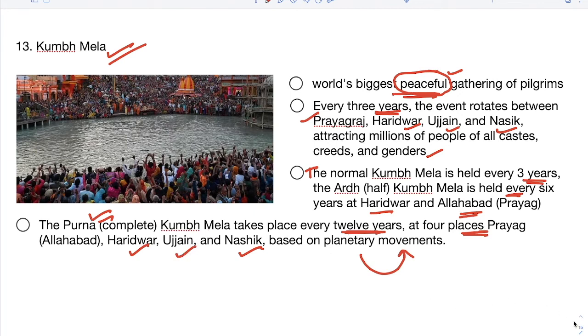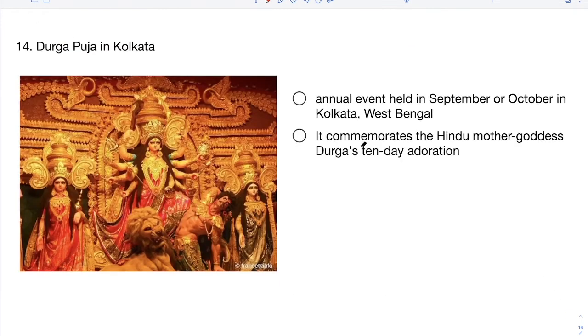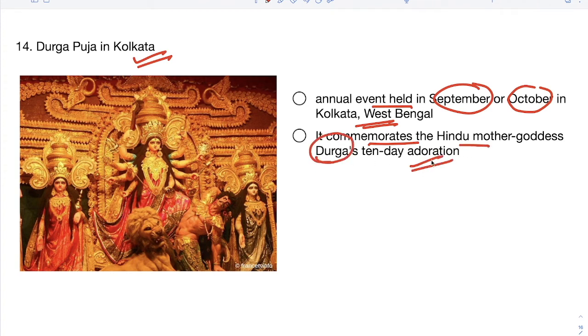Clear? And the last one, that is the 14th one, Durga Puja in Kolkata, which was recently inscribed, that is in 2021, and this is an annual event held in September or October in Kolkata, that is in West Bengal. Basically, Durga Puja in South India, we will celebrate it as Dasara in general, okay, and it commemorates the Hindu mother goddess Durga's 10-day adoration.